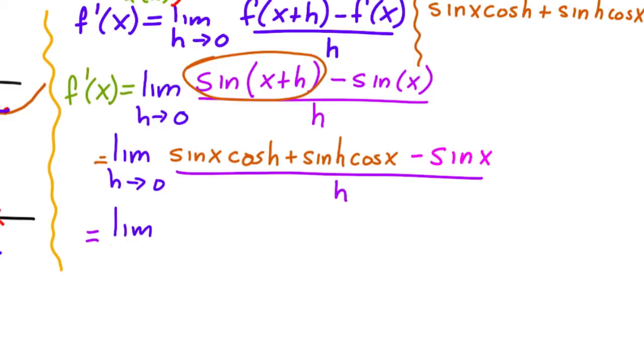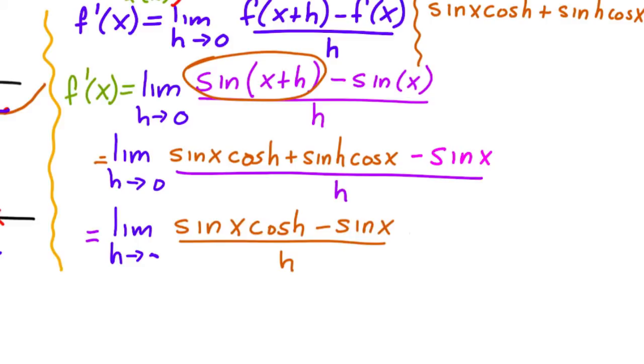But what you can do, and actually let me do this right here, let me break this up, I don't want to skip any steps. So sine of x cosine of h minus sine of x, all over h, and then plus sine of h cosine of x, all over h.